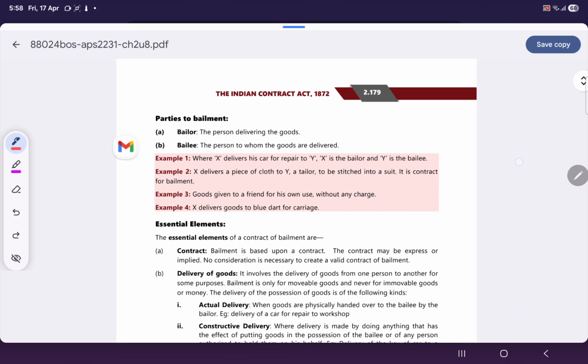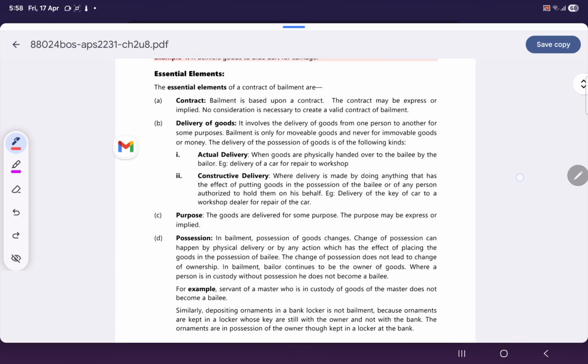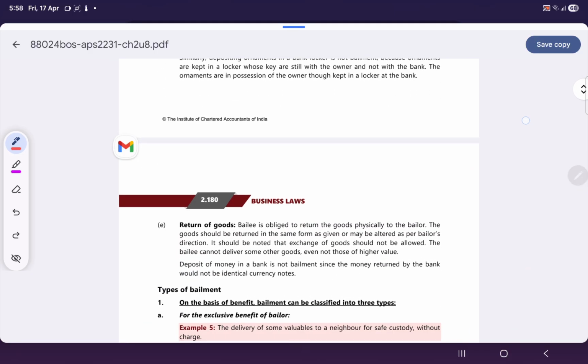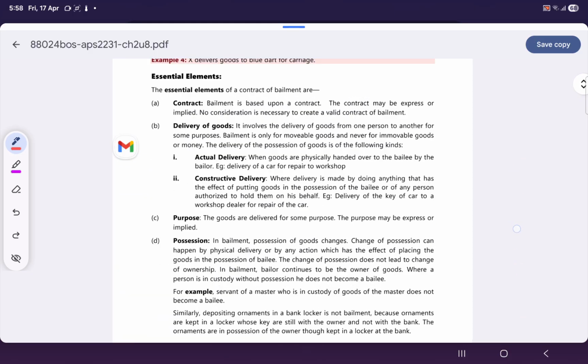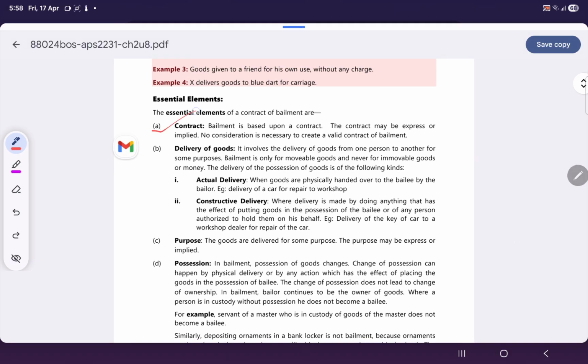What are the essential elements of a contract of bailment? There should be a contract, there should be delivery of goods, and property must be movable. Movable, it cannot be immovable goods. It cannot be for immovable goods. This point you need to remember.